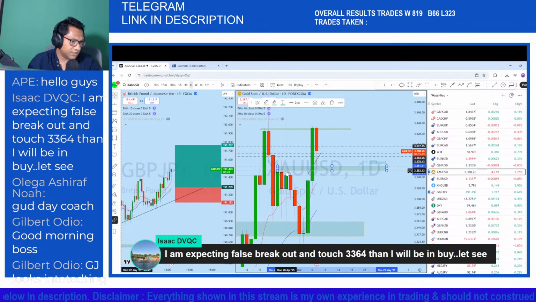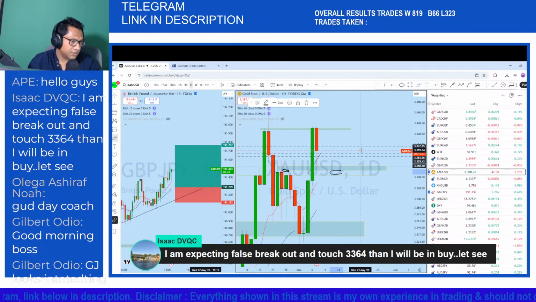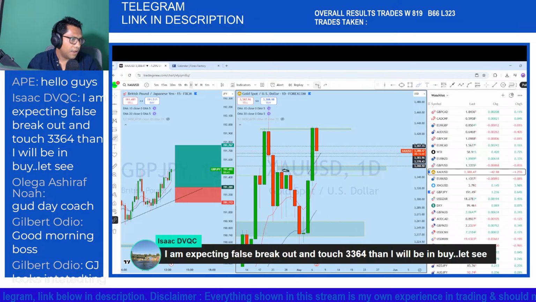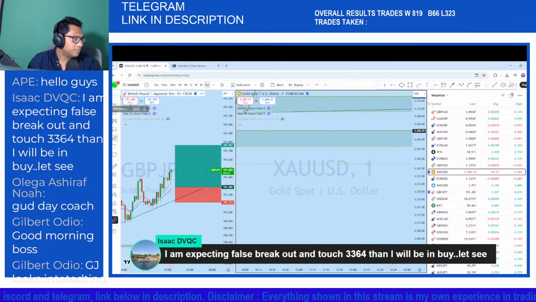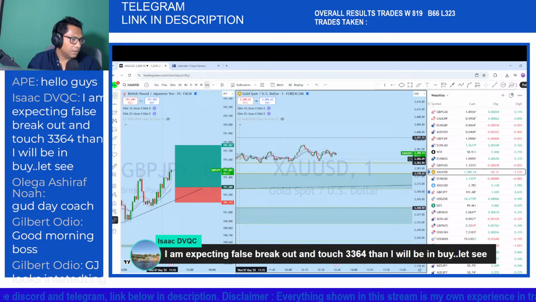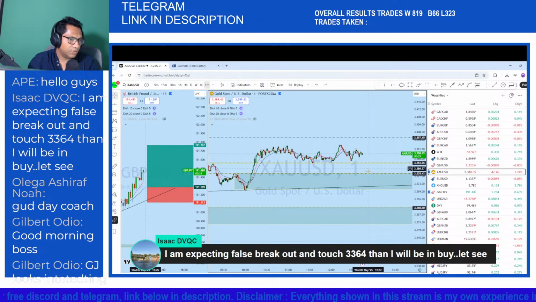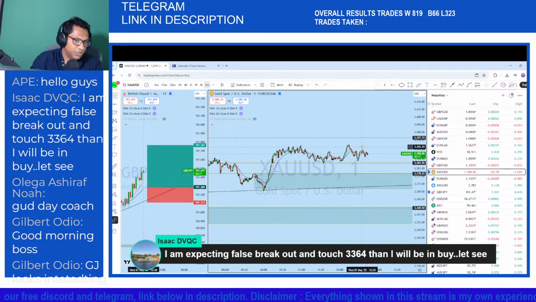You can see this green daily pin bar, this resistance is a support here. This is an order block, and with that order block, we look at the 1 minute. This zone is the better opportunity here.